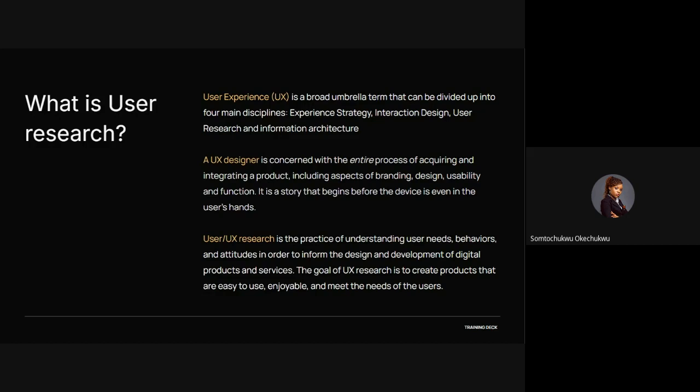It is a story that begins before the device is even in the user's hands, right? So the UX designer is that person that does everything there is to do about gathering information, breaking down this information to become actionable steps in developing products. So that's who a UX designer is.